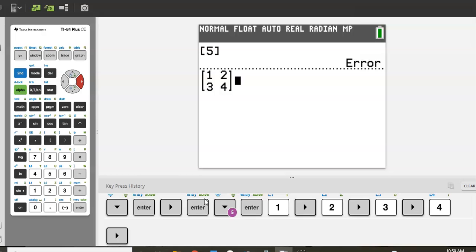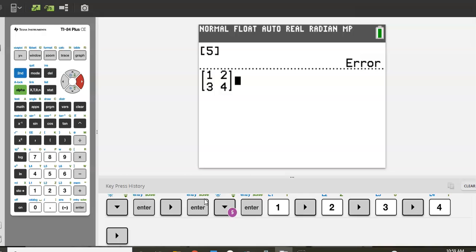It's whatever's in the same position in each matrix that just gets added together in our answer matrix. So whatever's in row 1, column 1, plus whatever's in row 1, column 1, gets added together to make our new row 1, column 1 in the answer matrix.